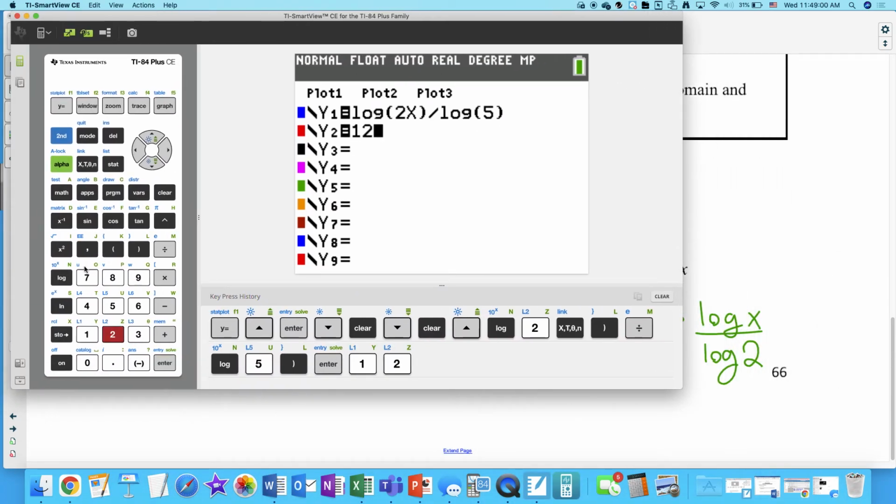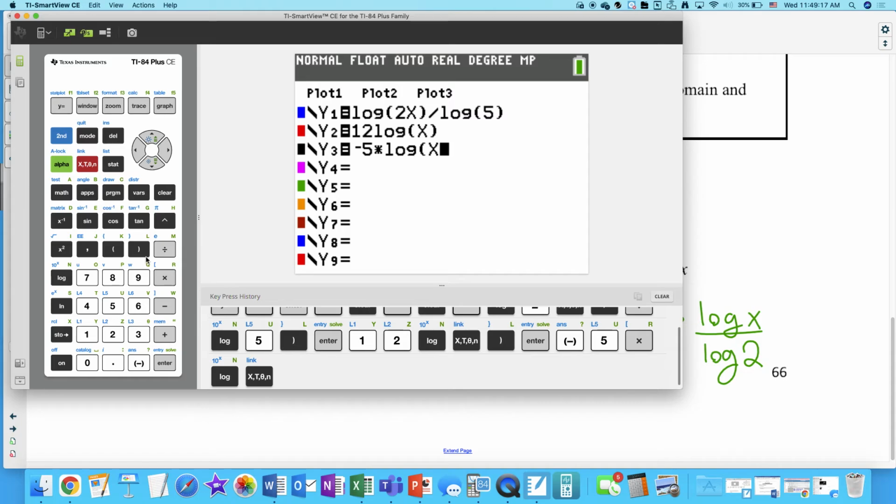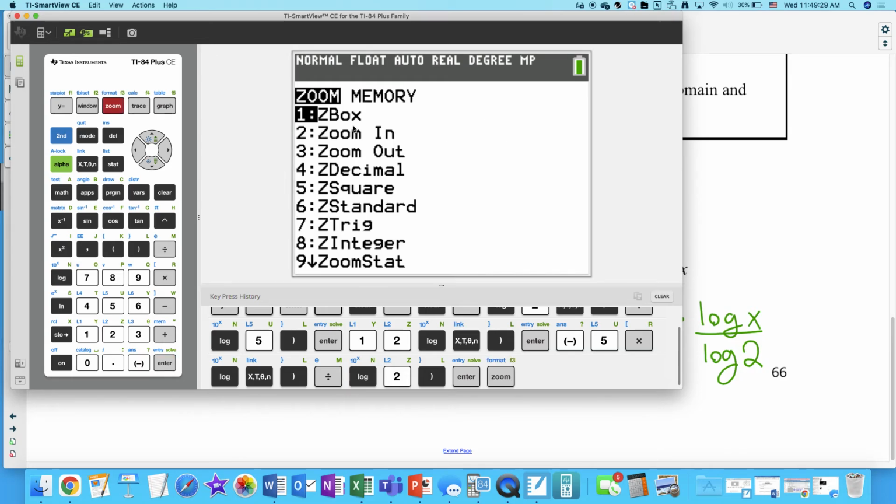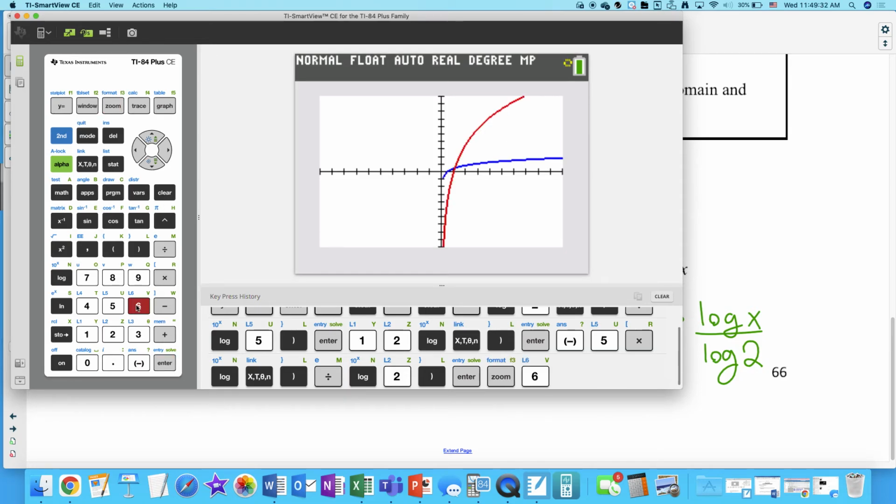That's already base 10. And the third one is -5 times, you don't have to put the times in there, but you can if you want, log of x divided by the log of 2. And I am going to just set my window to the standard setting. So that's zoom 6, -10 to 10, and -10 to 10.